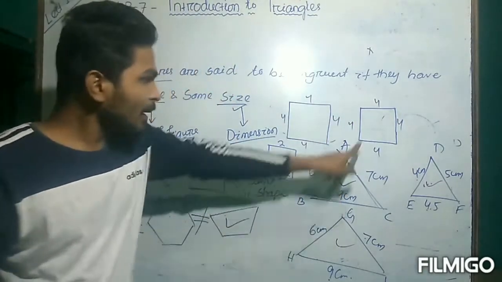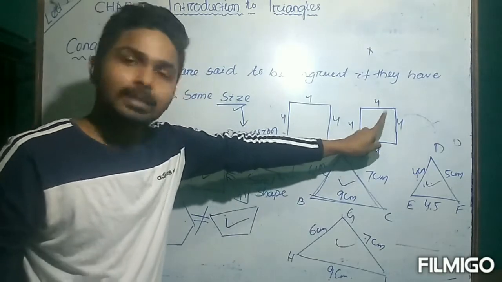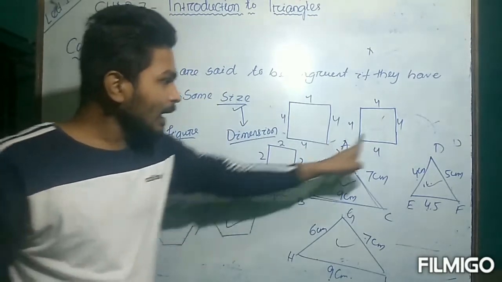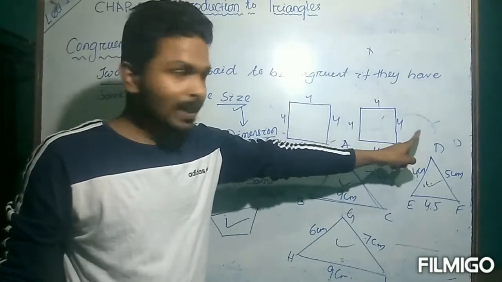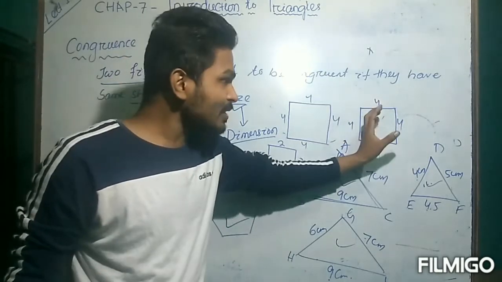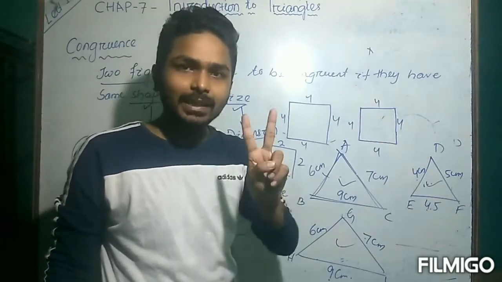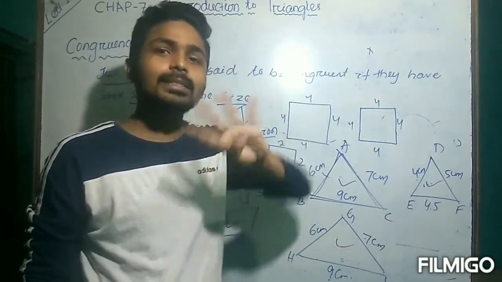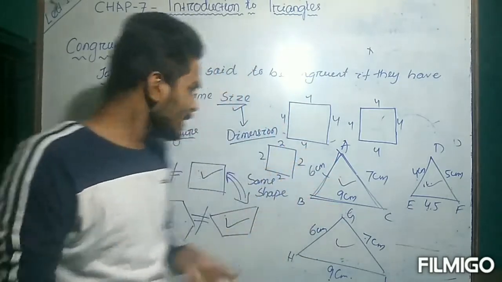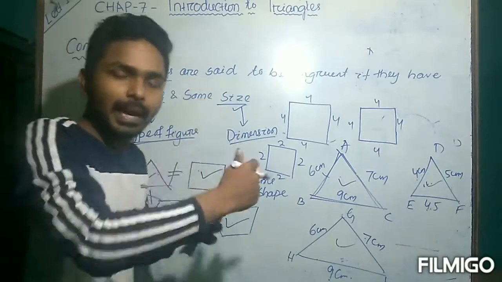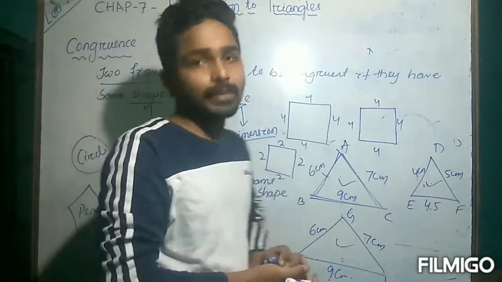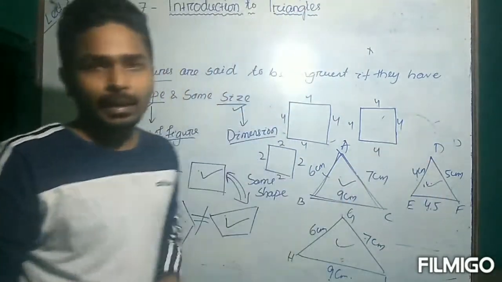Now compare this square with this square. In this square, the dimension means the length, the breadth, or the radius, or the side, whatever. Dimension means length, breadth, height, radius of a circle, sides of a triangle.